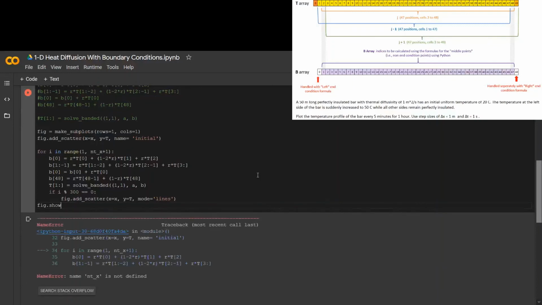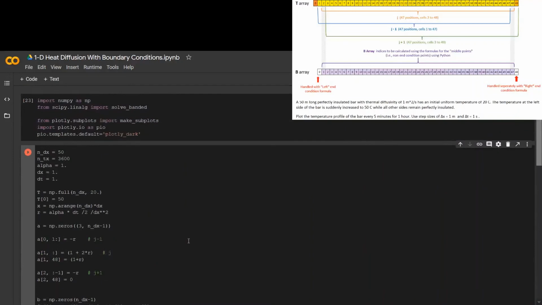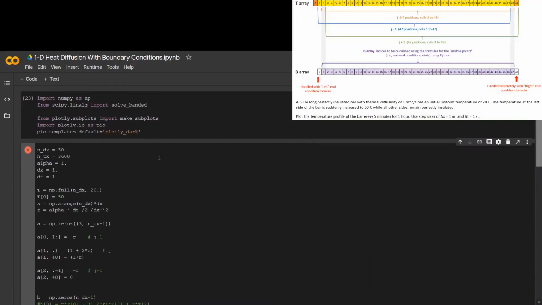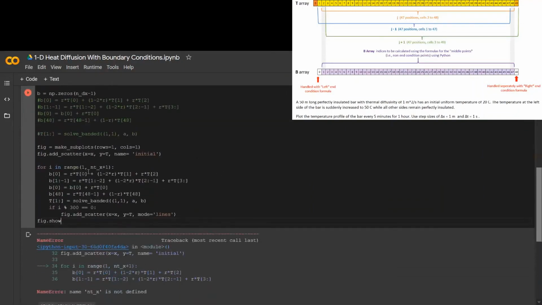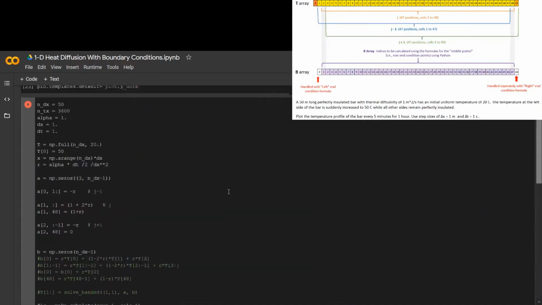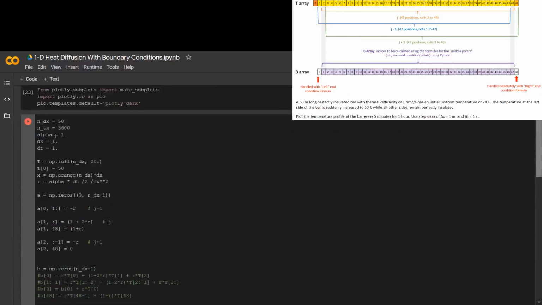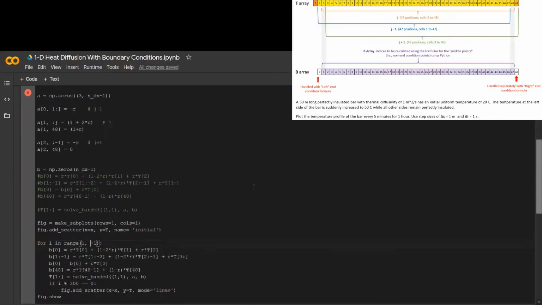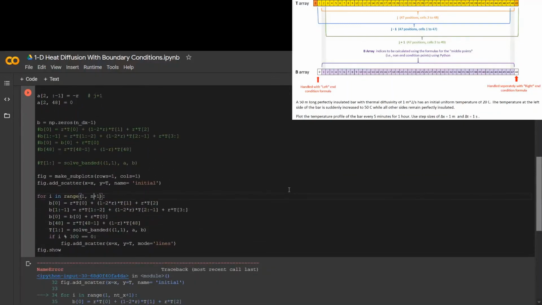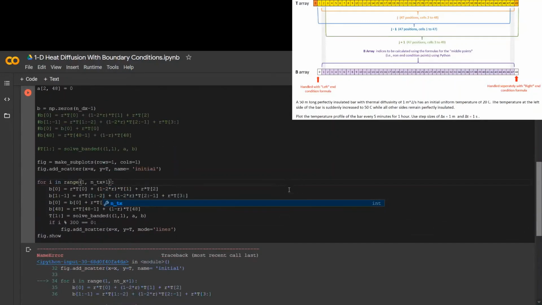Please work? No. ntx is not defined. n_tx. I can't even remember my own variable. What is that? n_tx, the number of time slices. Okay. Maybe I should have just kept it as tx. That's okay. So n_tx. Okay. Please work.